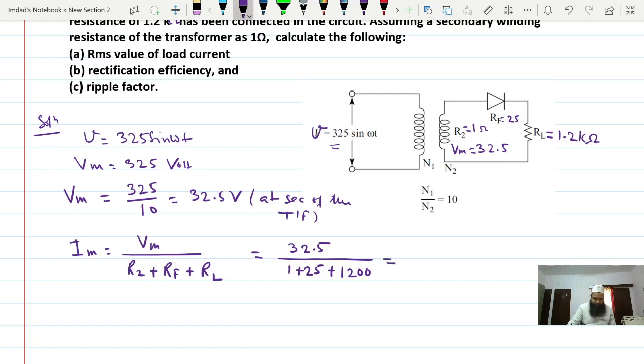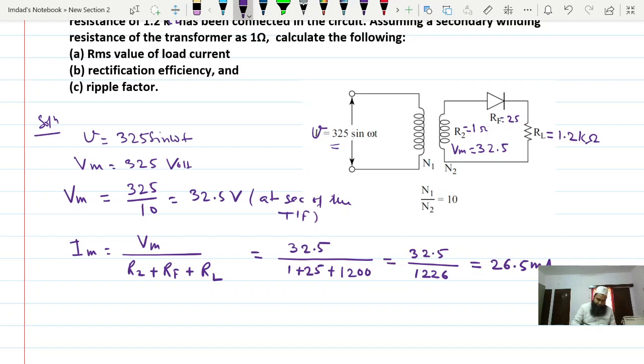We can solve it, it comes out to be 32.5 upon 1226 equal to 26.5 milliampere.